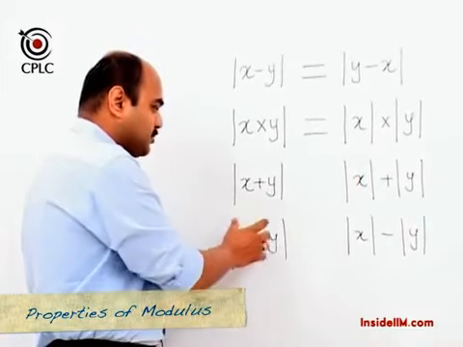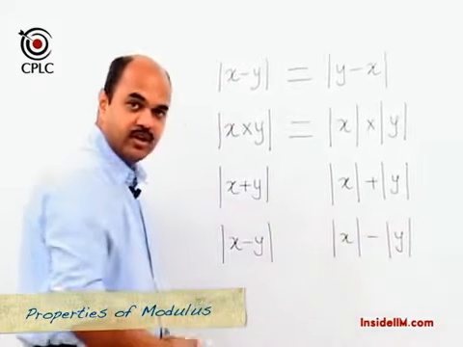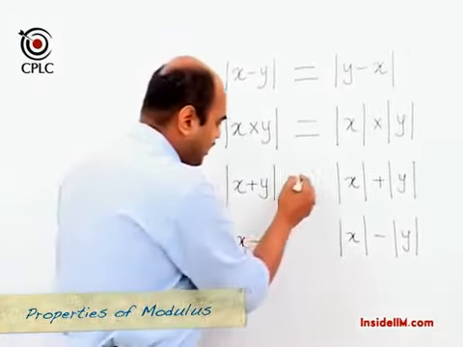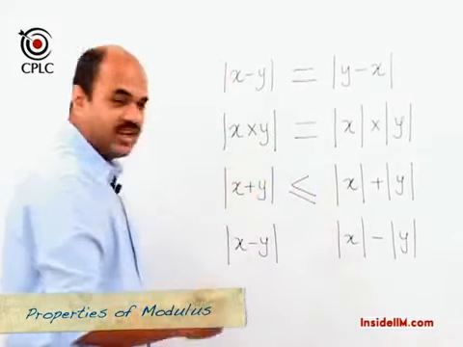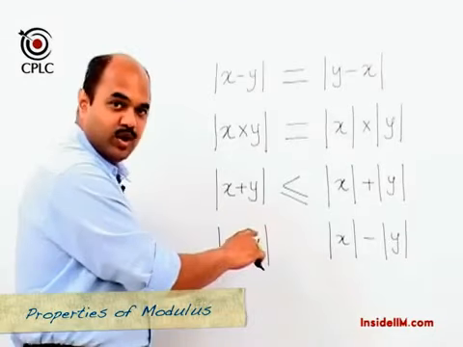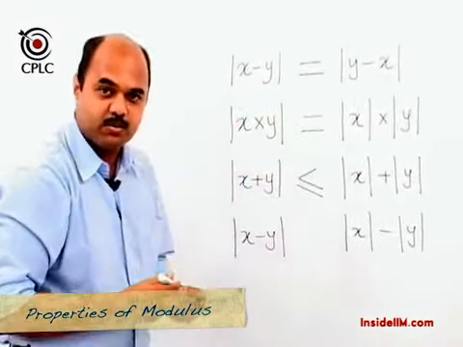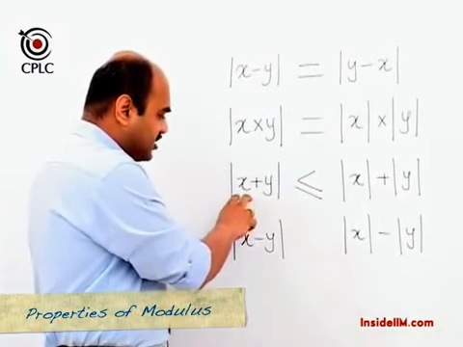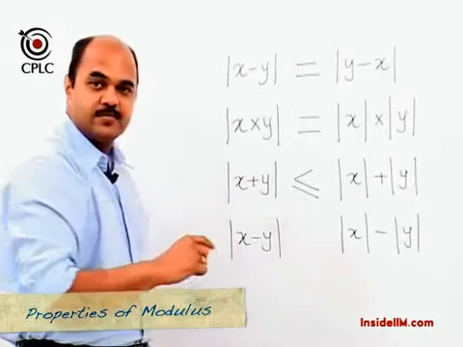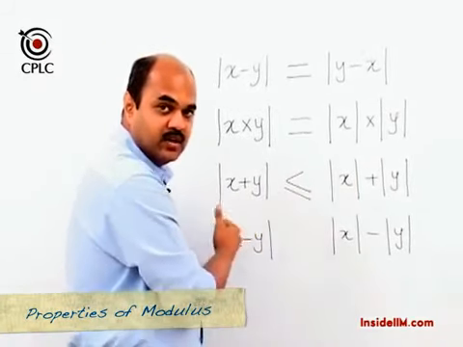It is also possible that this expression is less than the other, and hence when we combine, mod of x plus y will always be either less than or equal to mod x plus mod y. If we consider both x and y as positive numbers, then these would always be equal.